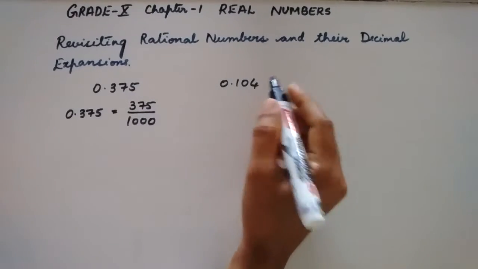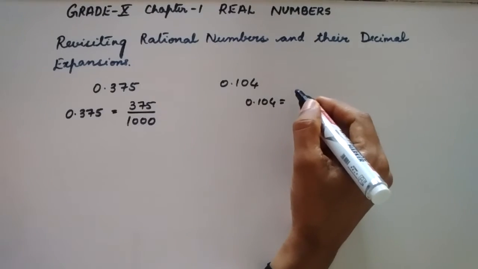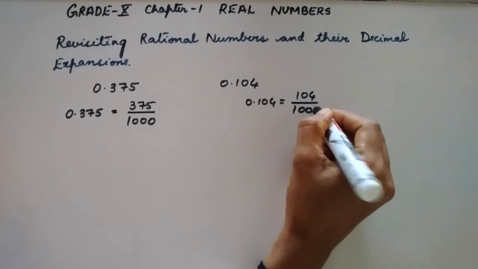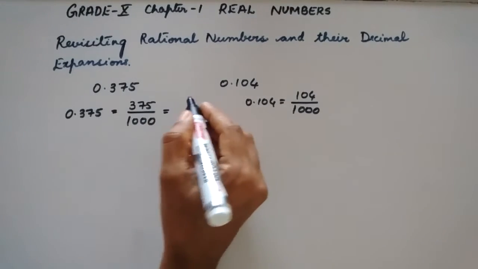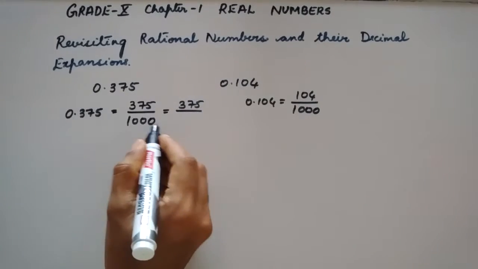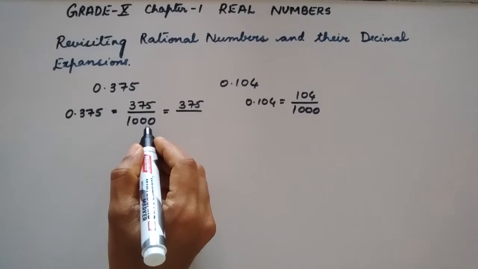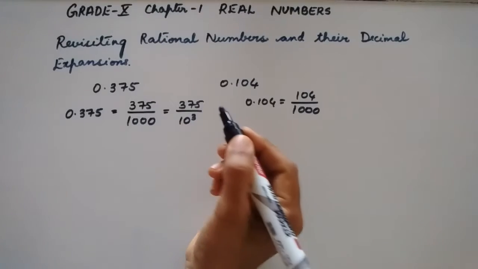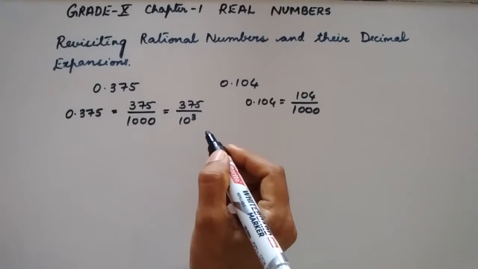Also, 0.104 can be expressed as 104 by 1000. 1000 can be written in terms of powers of 10, that is 10 to the power 3, so 10 into 10 into 10 is 1000.